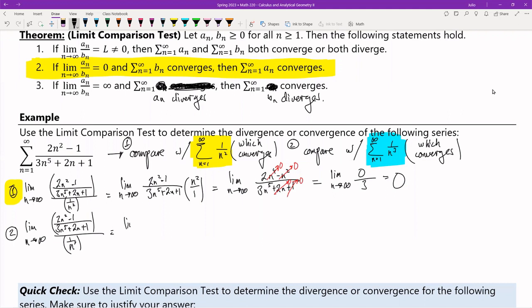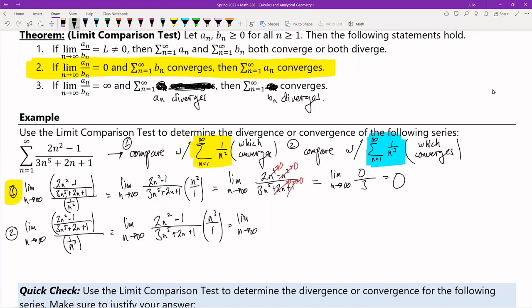Same stuff, limit, n goes to infinity, 2n squared minus 1 over 3n to the 5th plus 2n plus 1 times n cubed over 1, if we do the division of fractions appropriately. There we go. Equal limit as n goes to infinity.